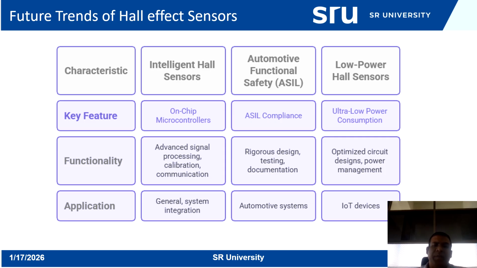These sensors are being developed with ultra low power consumption to enable applications such as smart home appliances, wearable devices, and industrial monitoring systems. These sensors utilize advanced power management techniques and optimized circuit designs to minimize energy consumption without sacrificing performance.